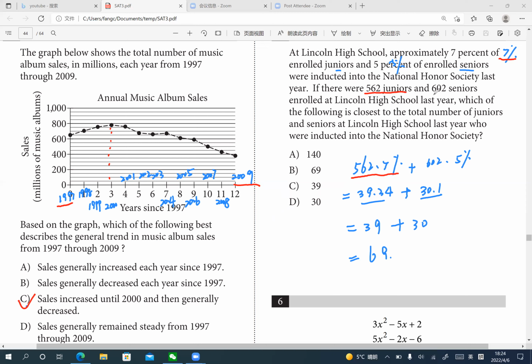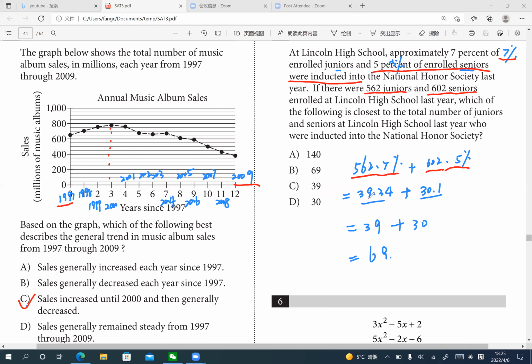And there were 602 seniors enrolled at Lincoln High School last year, and 5% of enrolled seniors were inducted into the National Honor Society. Therefore, 602 times 5% seniors were inducted into the National Honor Society.